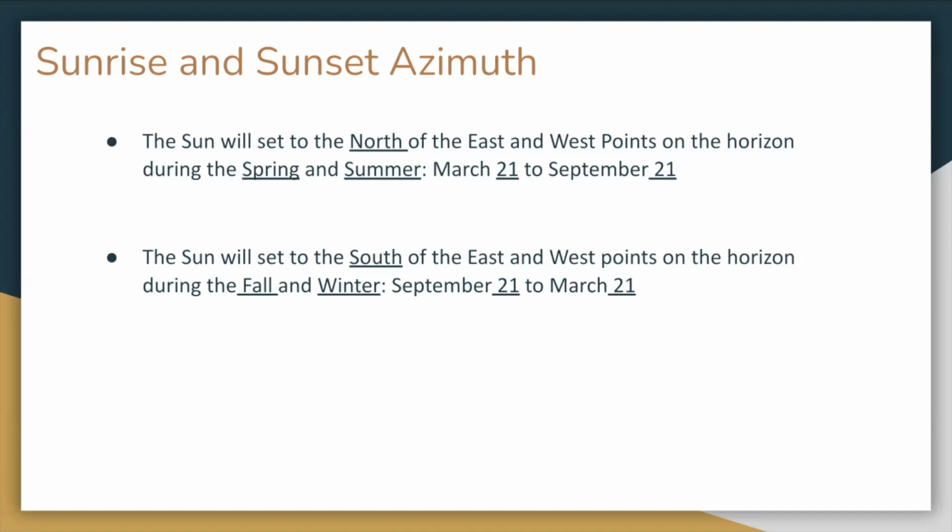And that would be correct. March 21st is the date for our spring equinox or vernal equinox. September 21st is the fall equinox. And that's because on the equinox, the sun will rise and set directly due east and directly due west.